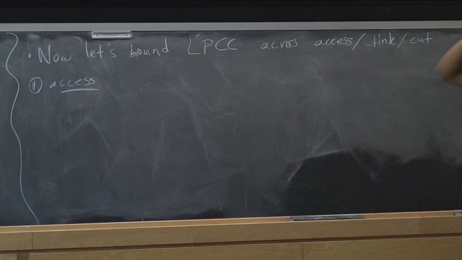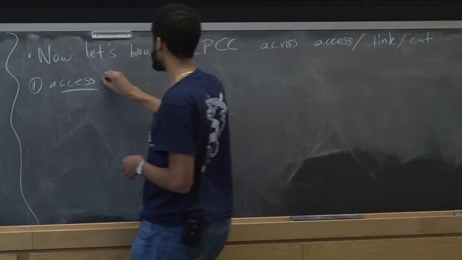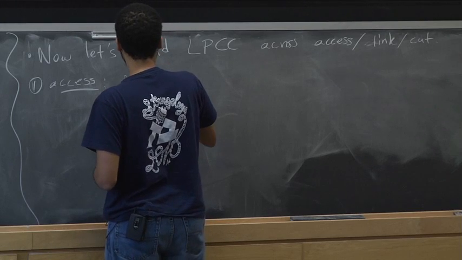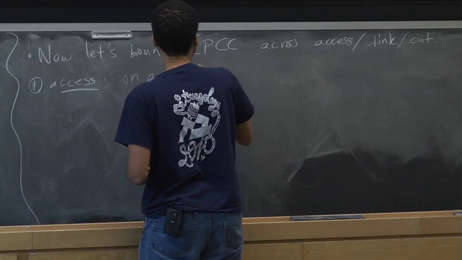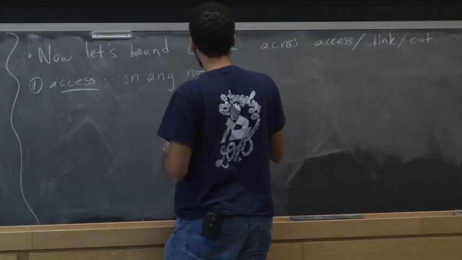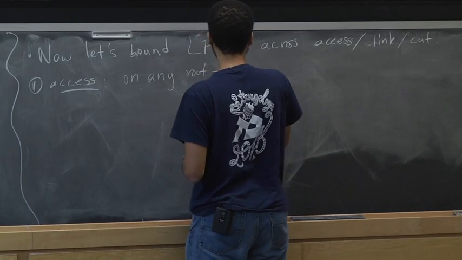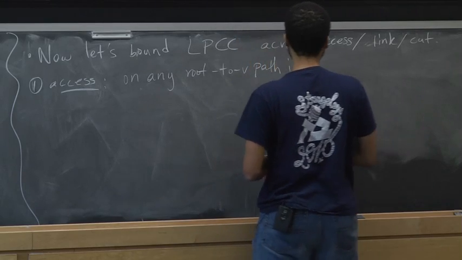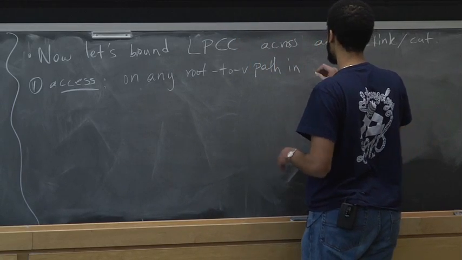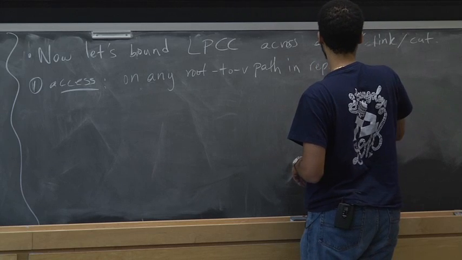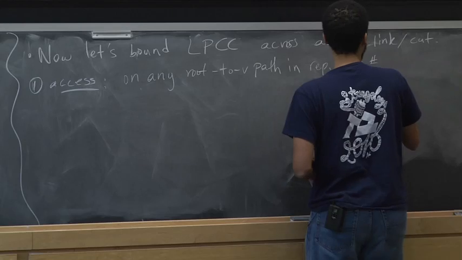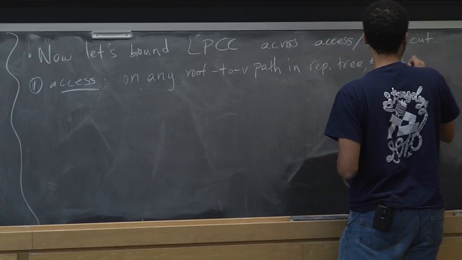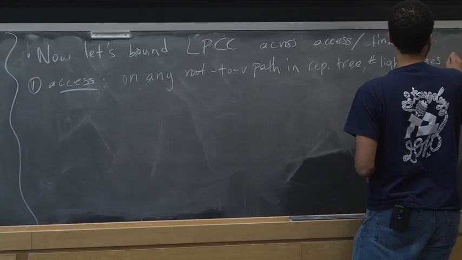Now, on any path to v in the represented tree, the number of light edges is at most what?